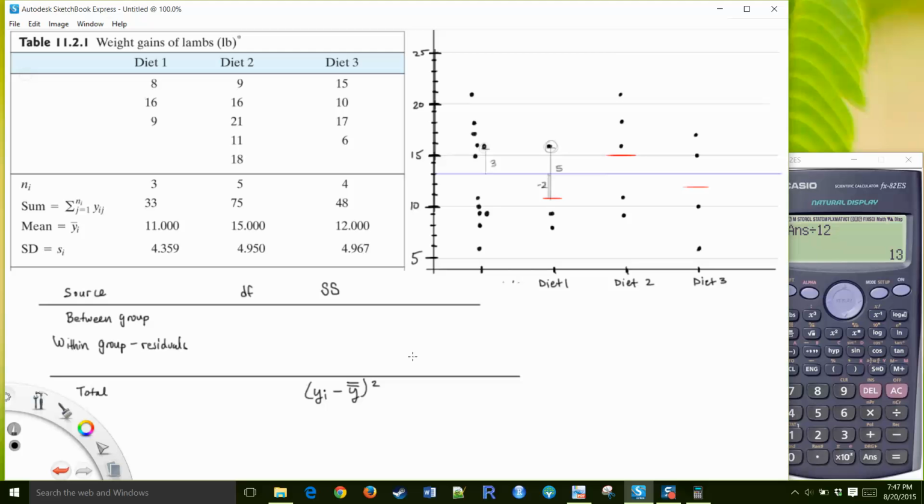The formal notation has two summation signs to say we're going to do it for all points within a group, and then for all groups. Basically, just do it for everyone, right?